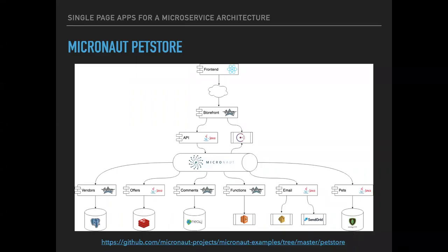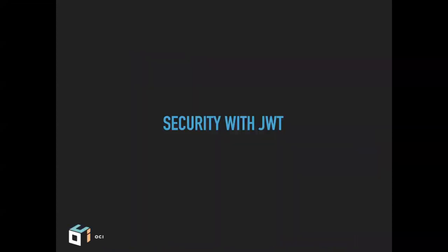I think MongoDB is in there, Postgres is in there. So it's worth checking out just to see how a more complex microservice architecture can be implemented using Micronaut. And it does have a single page application, I believe, written in React. And it uses this gateway pattern, although the gateway is called storefront, as you can see in the diagram there. So it's worth checking that out if you want to see a larger example.